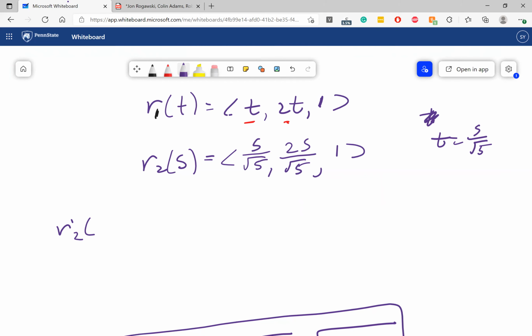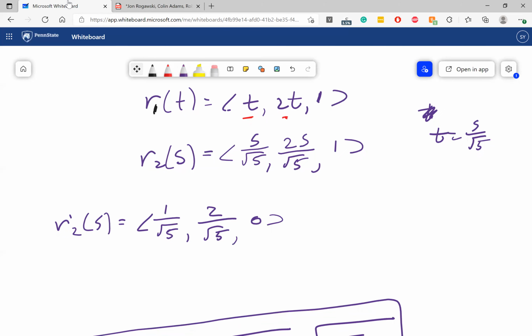t is equal to s over the square root of 5. So R prime of s is going to be equal to 1 over the square root of 5, 2 over the square root of 5, and 0. So what's my magnitude?